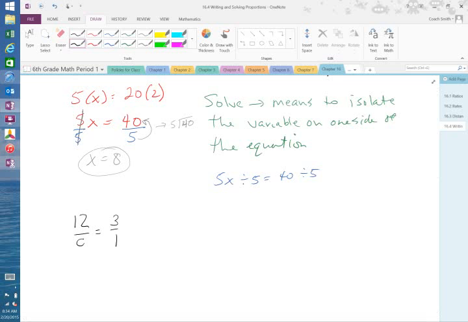So we're going to cross multiply. Now, when you cross multiply 2 fractions or 2 ratios in this case, the numbers that you come up with should be equal to each other. Let me give you an example before we move on to solving this.